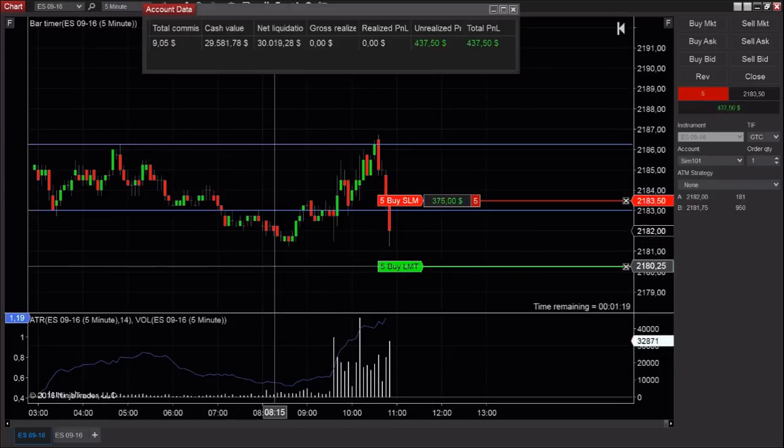Why is that blue line drawn on 83s? Well, that was the profit target for the first trade. So that was already achieved.